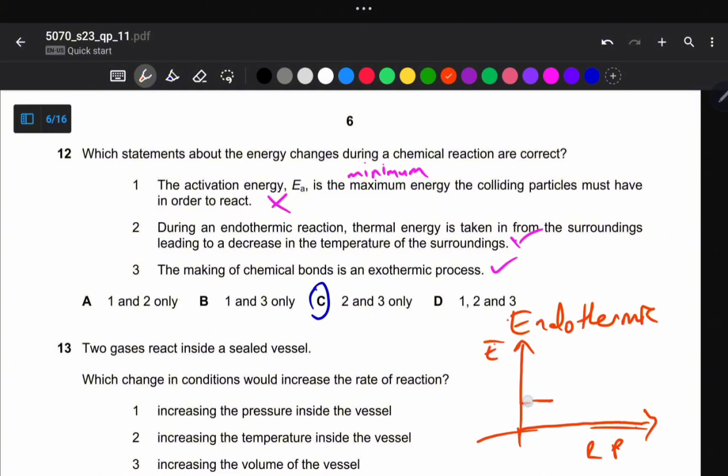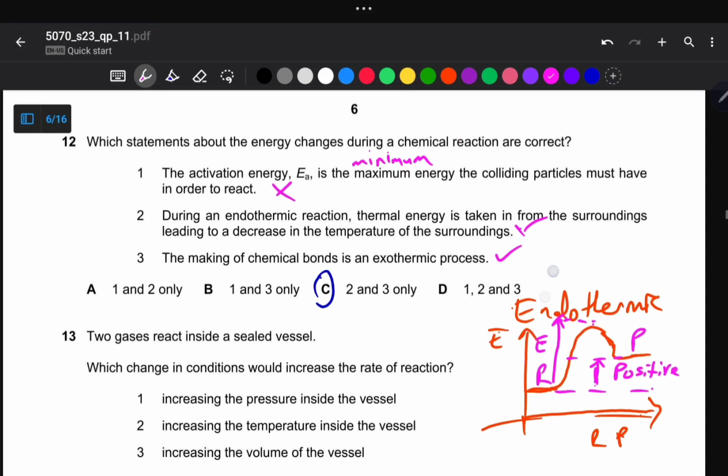The reactants are at a lower level than the products, so here R for the reactants and P for the products. Here is our activation energy. Are we together? And here is the change in energy, which is positive. Why? Because energy is being absorbed to break bonds. So this is the energy profile.